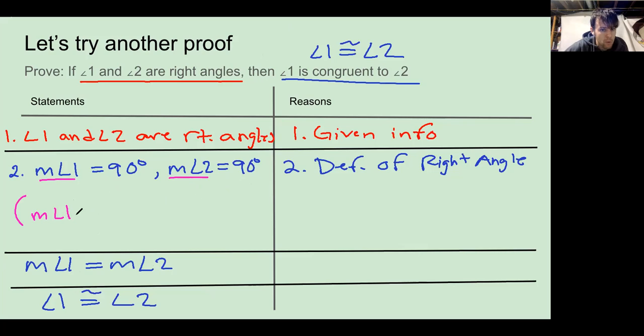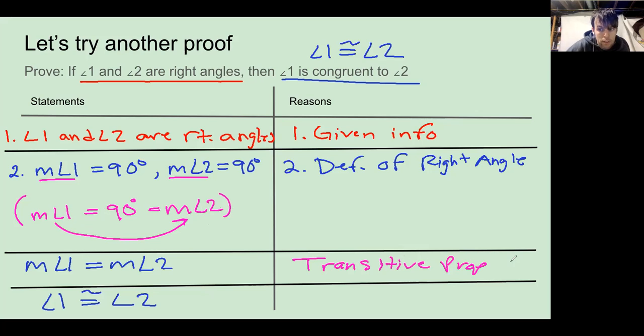Since the measurement of angle 1 is equal to 90, and 90 is equal to the measurement of angle 2, I can create this chain where these three things are all equal to each other. Therefore, using the transitive property of equality, I'm allowed to just say that those two angles are equal.